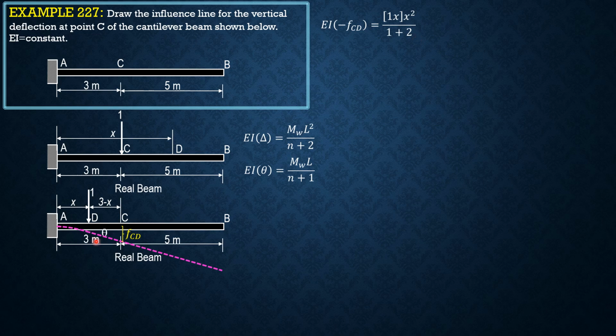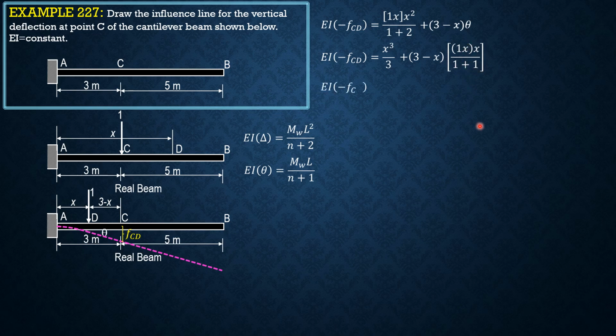Then plus 3 minus x times theta. So EI negative FCD equals x cubed over 3 plus 3 minus x times theta, which is 1x times x over 1 degree plus 1, first degree plus 1, because this is theta.